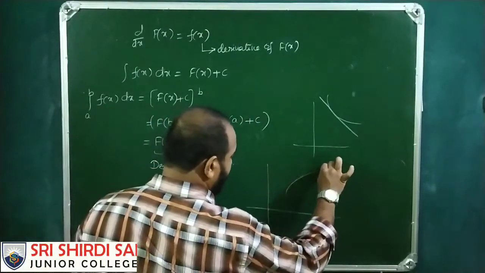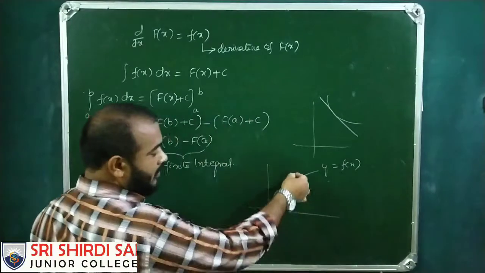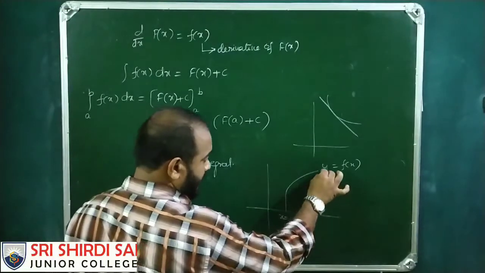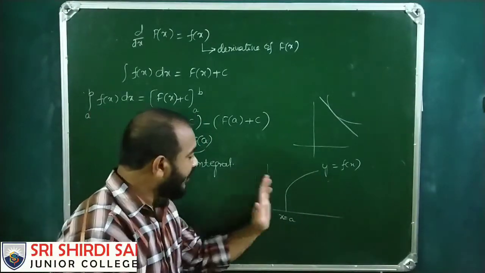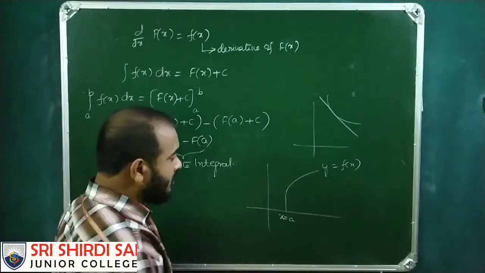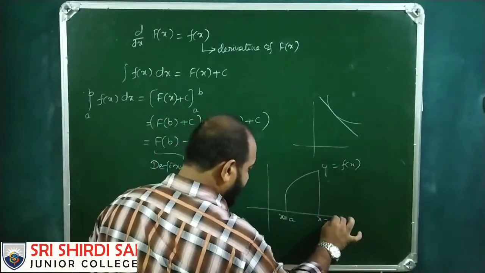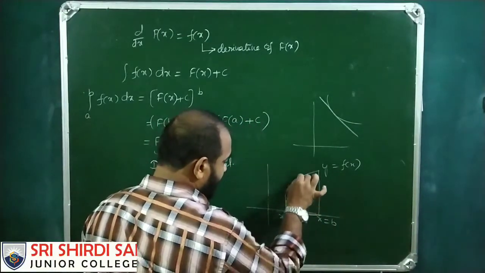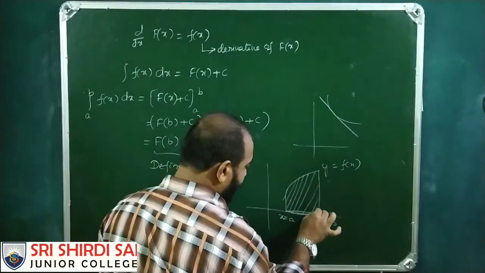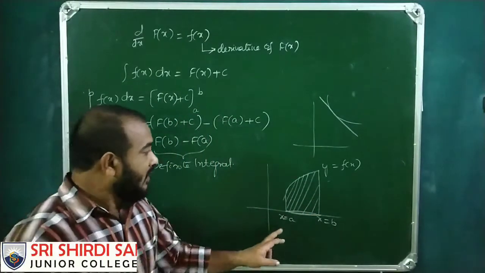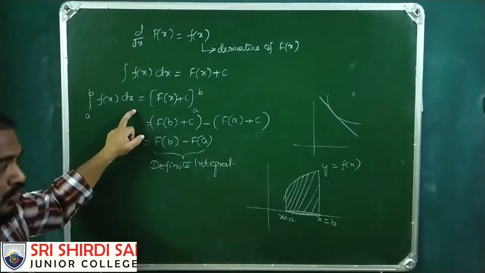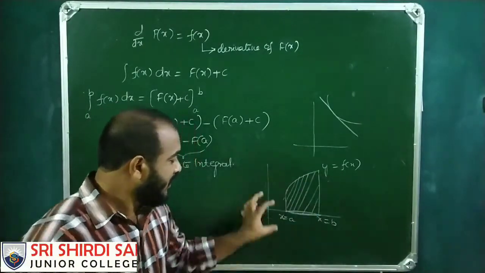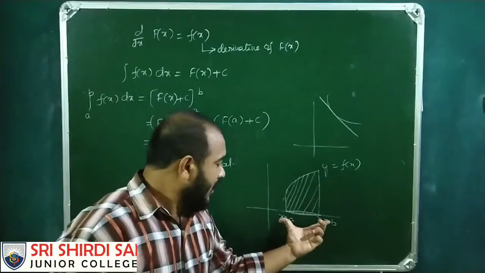If y equals f of x is a continuous curve, and x equals a and x equals b are lines parallel to the y axis, that is, vertical lines, and this is the x axis, then the integral from a to b of f of x dx denotes the area of the region bounded by the curve y equals f of x, x equals a, x equals b and the x axis.